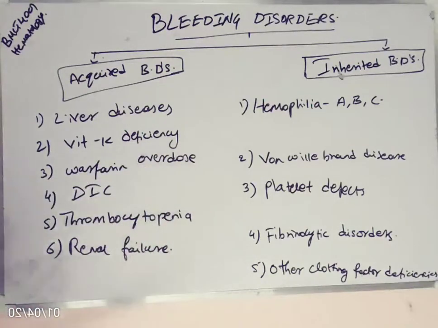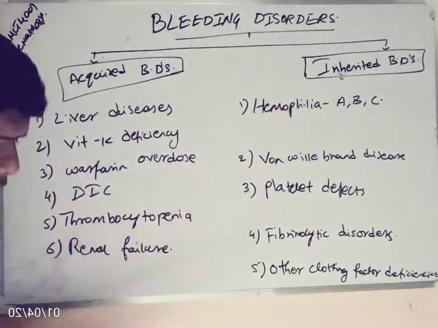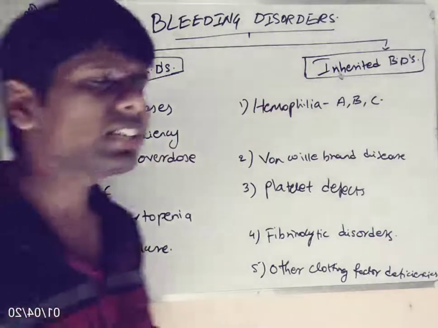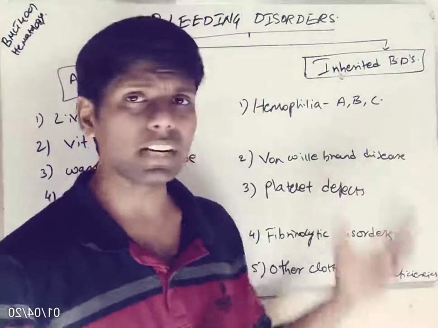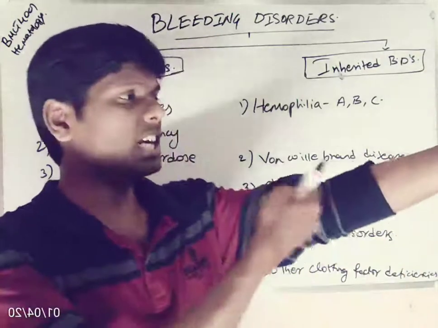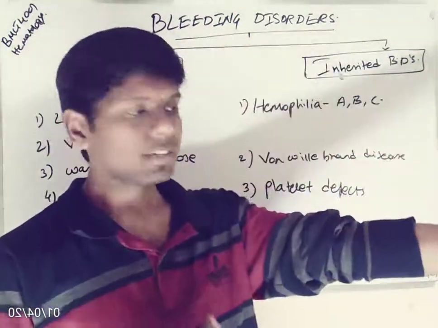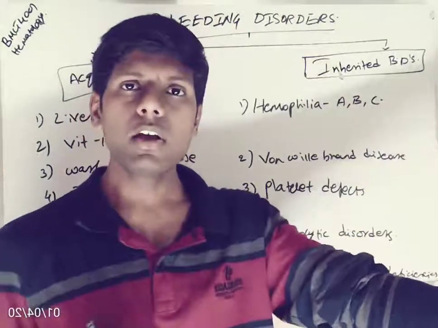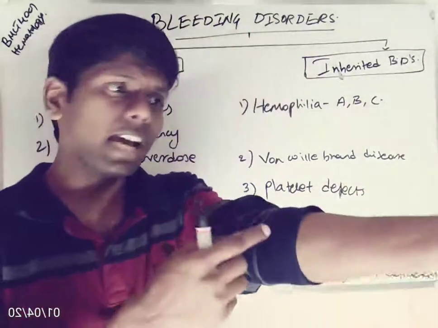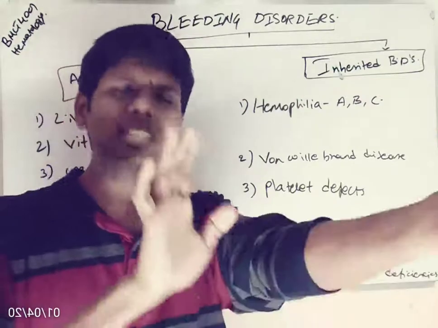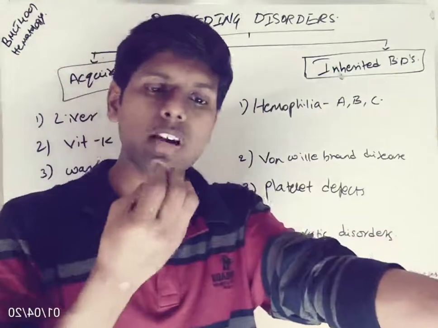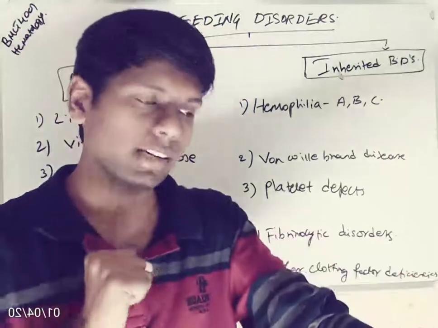The third one is warfarin overdose. What is warfarin? Warfarin is an oral anticoagulant. Whenever a patient has disseminated intravascular coagulation, that means the patient has many clots within the blood. Say this patient has been admitted to the hospital. Since the patient already has excessive clotting, it is wise to prevent it by giving anticoagulants, which prevent clotting of the blood, right?